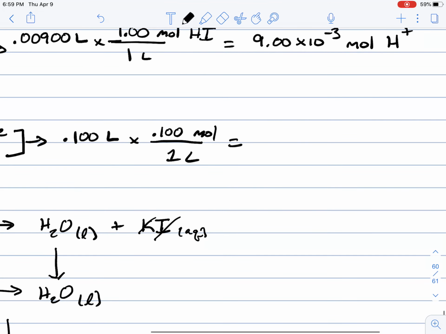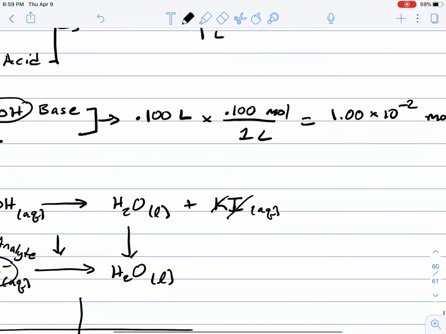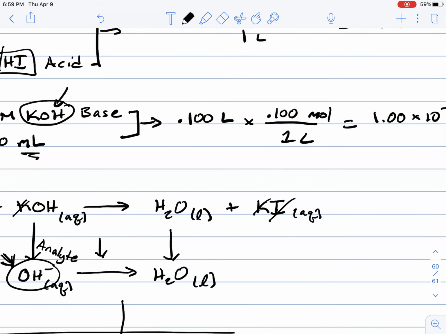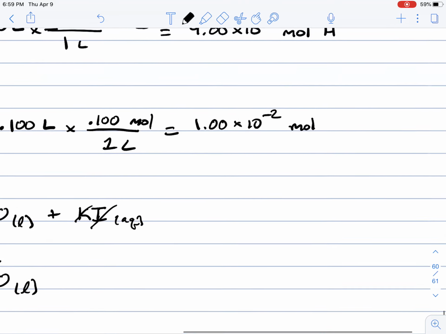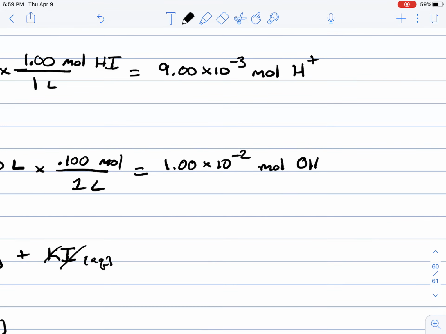If I multiply these two values, I get 1.00 times 10 to the negative 2, and this is the number of moles of my base that I have. The active part of the base is hydroxide. So now that we have the number of moles of acid and base, I'm going to put that in my ice table.